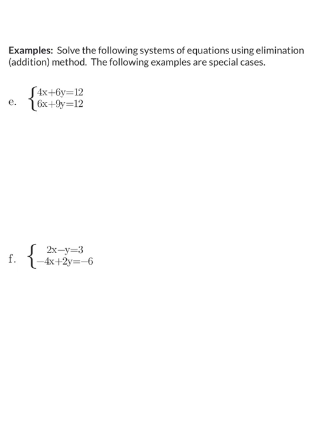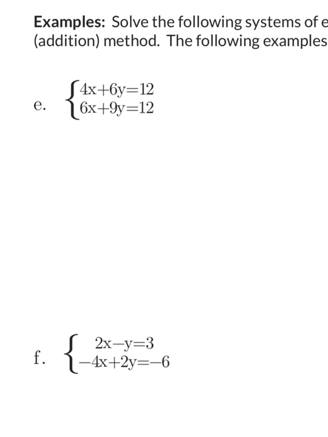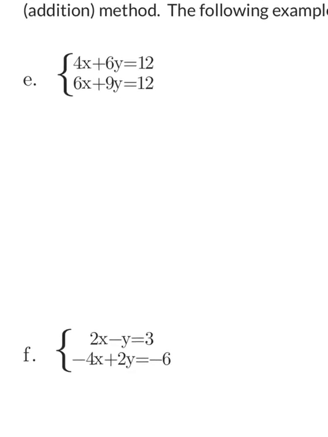So if we look at example E, the first thing I want to do is pick a variable to eliminate. I'm going to work with the x's. We have smaller numbers there. And so if we choose to eliminate, we should get that the LCD, or the LCM, is 12. So I want to go ahead and multiply my top equation by 3.